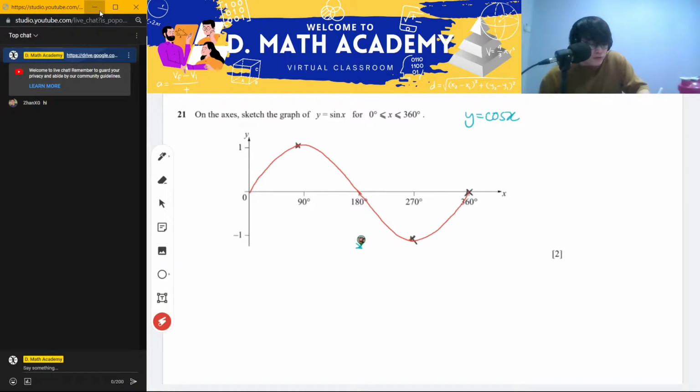So they went through 3 parts, touching this at 180, and then it will shoot back up at the end. Okay, this is how a cosine graph would look like.